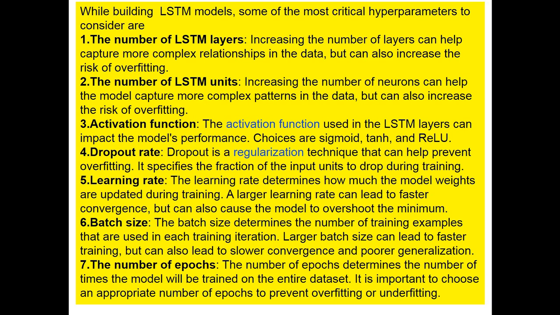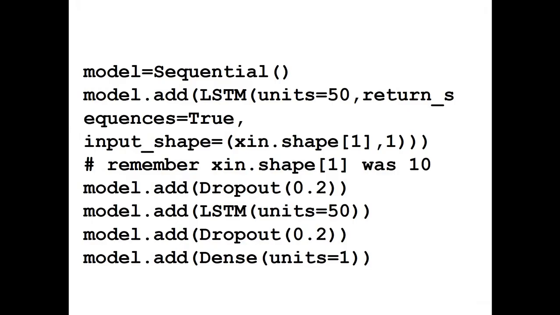A larger batch size can lead to faster training, but can also lead to slower convergence and poorer generalization. The number of epochs determines the number of times the model will be trained again and again on the same data set. It's important to choose an appropriate number of epochs to prevent overfitting or underfitting.